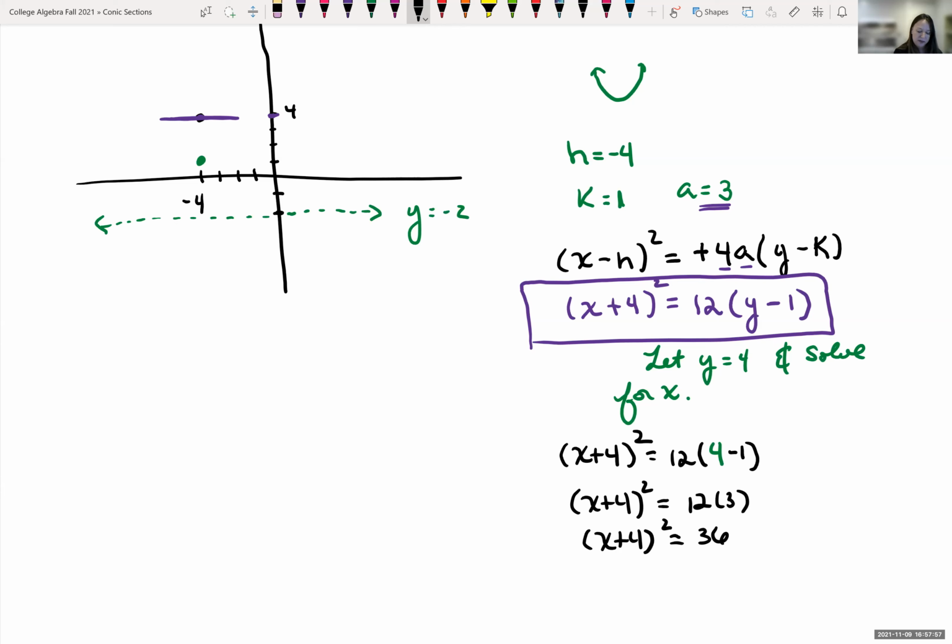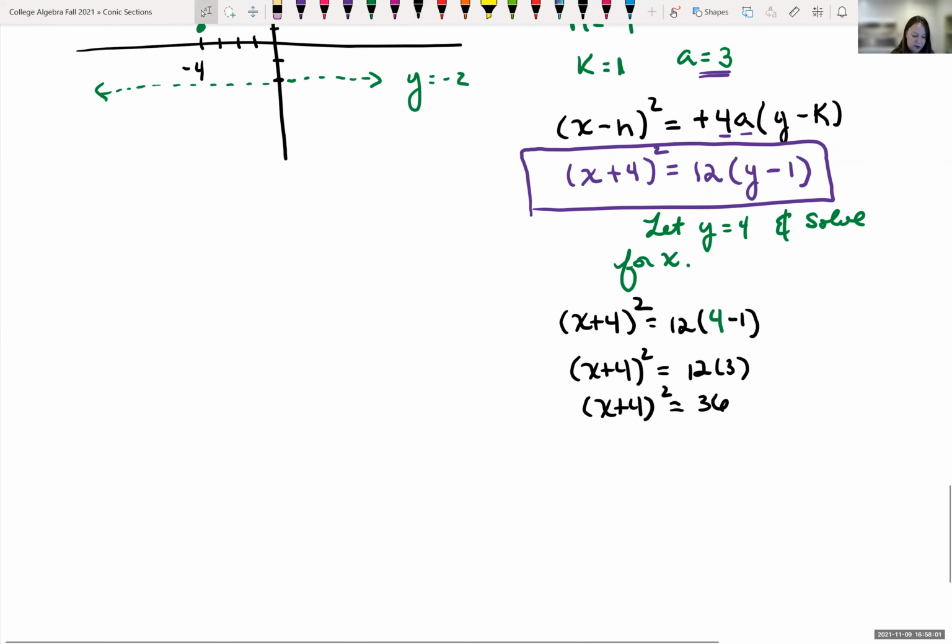Let's use our square root method and take the square root of both sides of our equation. And so we get x plus 4 equals plus or minus, well, the square root of 36 is just 6. So if we subtract 4 on both sides, we get -4 plus 6 is equal to 2. Subtracting 4 on both sides, -4 minus 6 gives me -10.